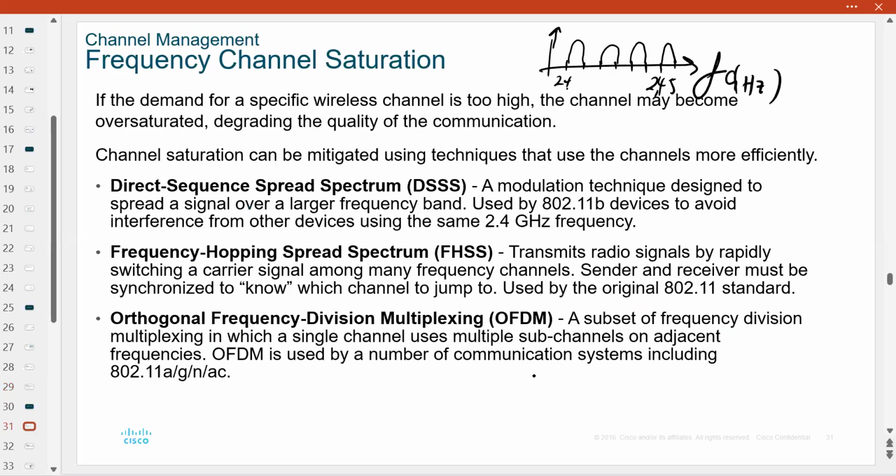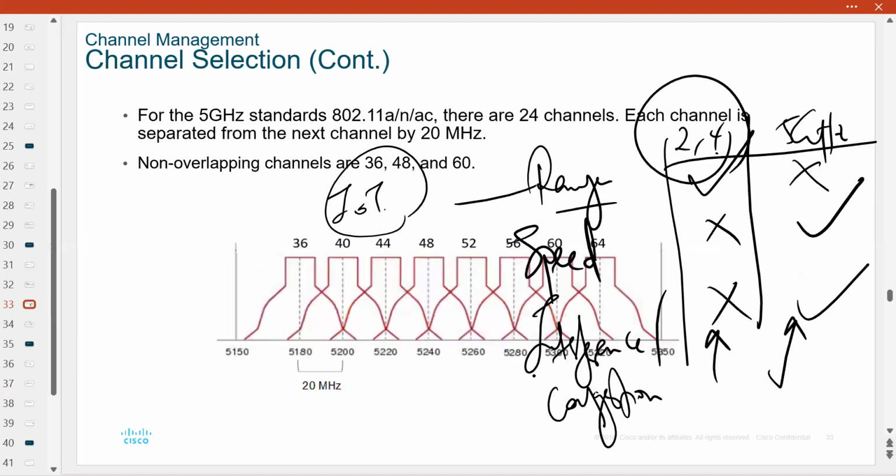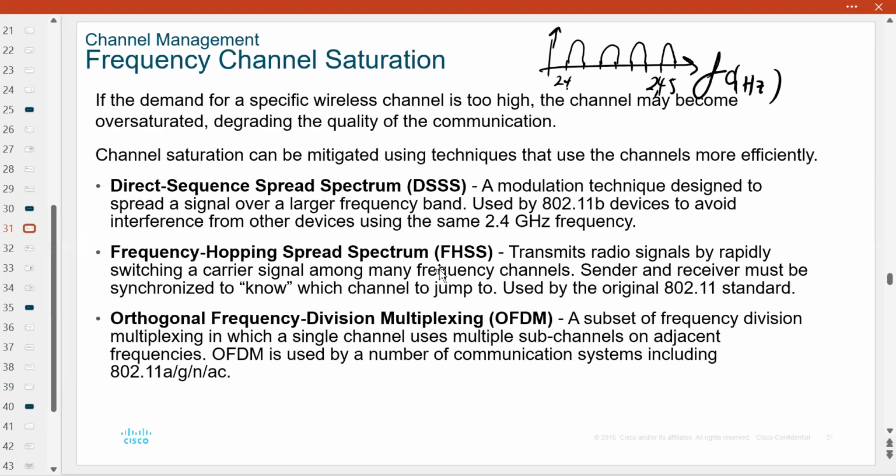Channel management, planning. When we do our planning, channel management is very important. Understanding that if access point placement is improper planning, then you are going to have interference. That is channel management.